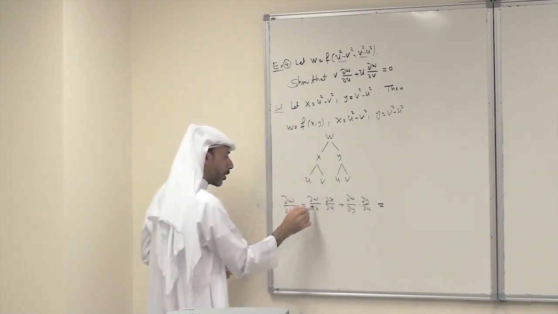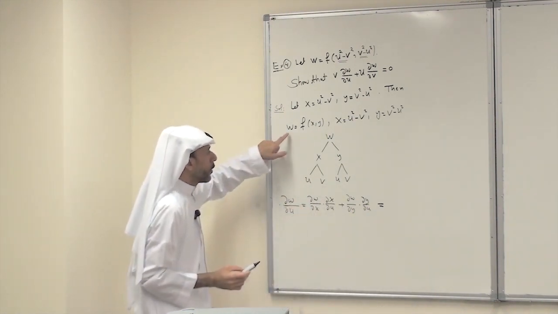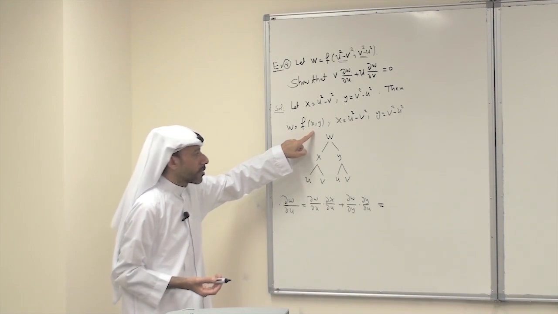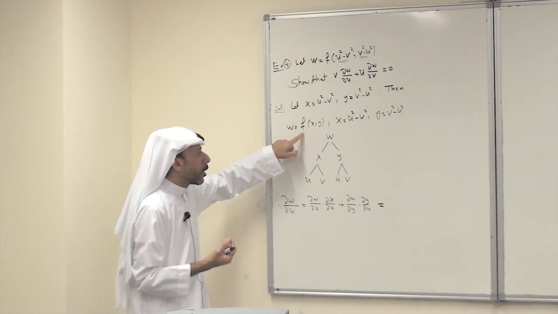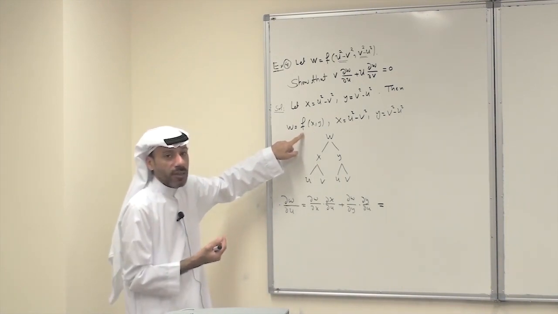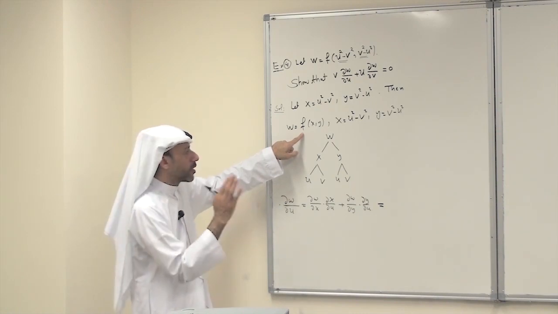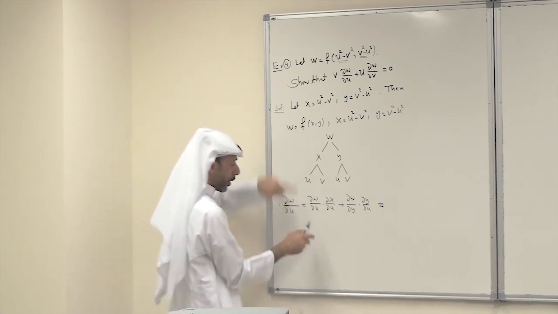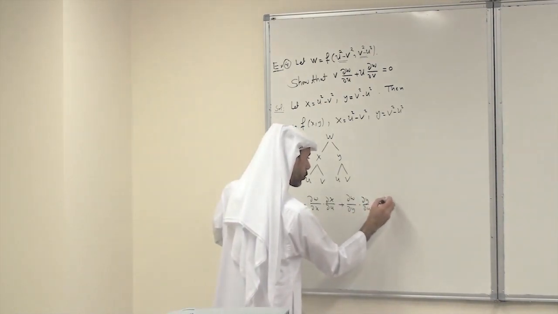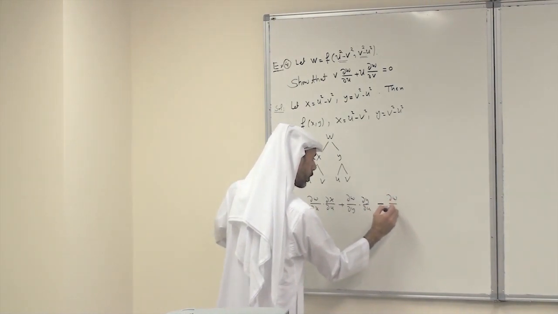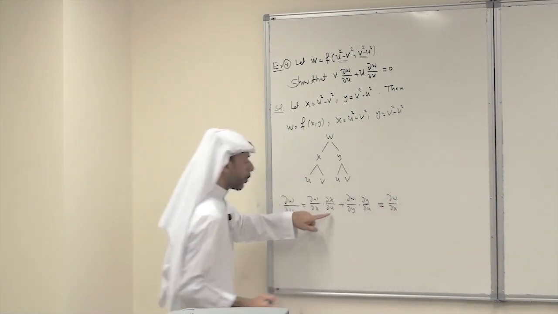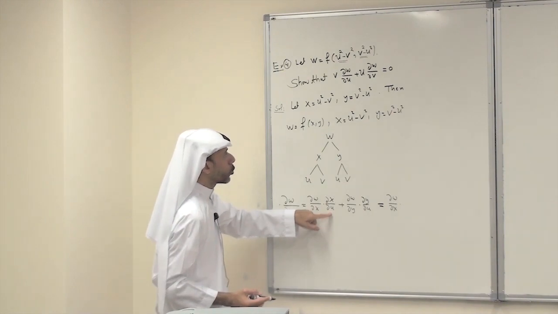what is partial w, partial x? What is the derivative of w with respect to x? Well, we don't have a formula or an expression for f, so we cannot really calculate it. So we just leave it as it is. So it will remain partial w, partial x, times partial derivative of x with respect to u.